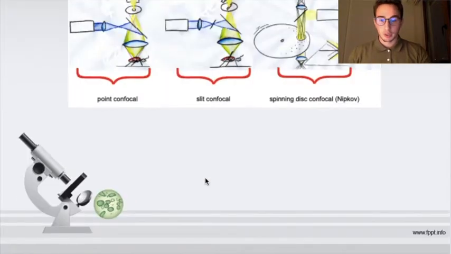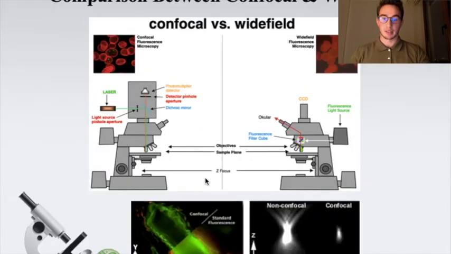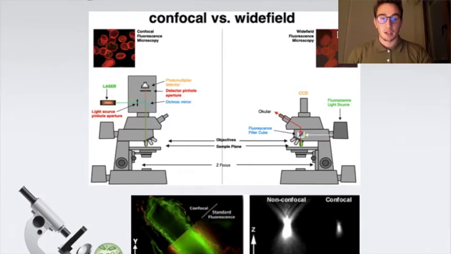So let's move on to the comparison between confocal and wide field microscopy techniques. As you see, the wide field image is blurry, and confocal microscopy is so pure and the resolution is higher.